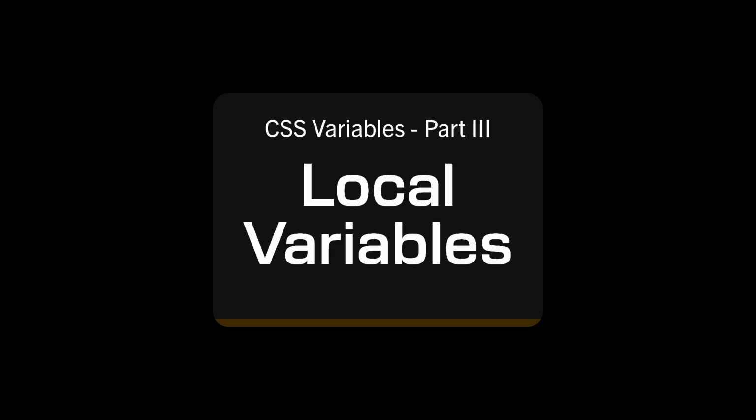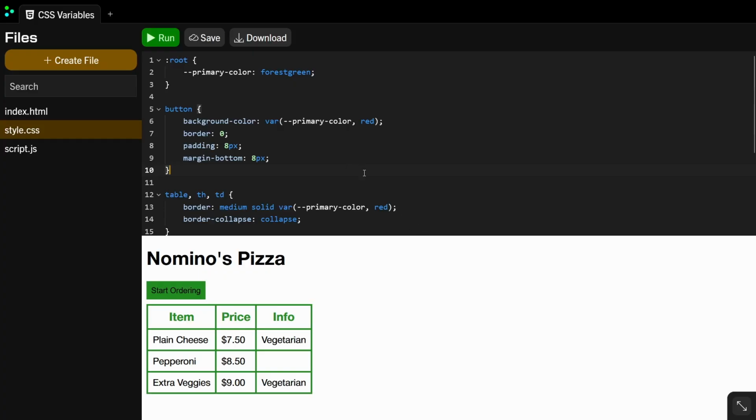Finally, let's take a look at changing the variables in certain places. Local variables work in a similar way to global variables, except that instead of defining the variables in the root element, you define them in the elements where you want the value to be different.